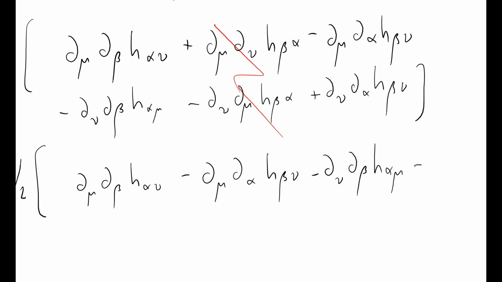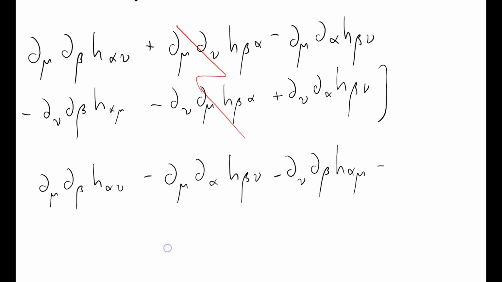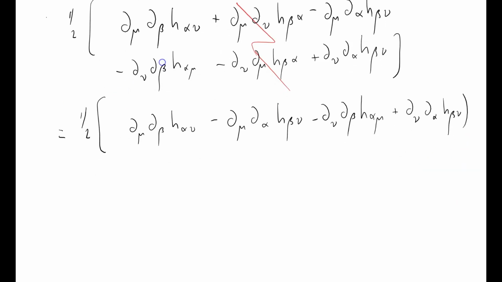Is it a plus or a minus? That minus that, minus that, plus di nu di alpha h beta nu. And this whole thing is equal to R alpha beta mu nu to first order.